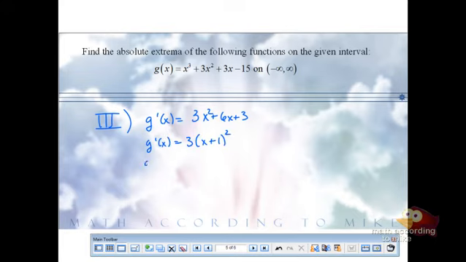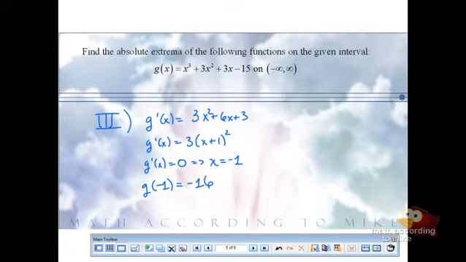And as we had before, this equals 0 when x equals negative 1. And previously we found g of negative 1, negative 16. So that's our only critical number, negative 1.